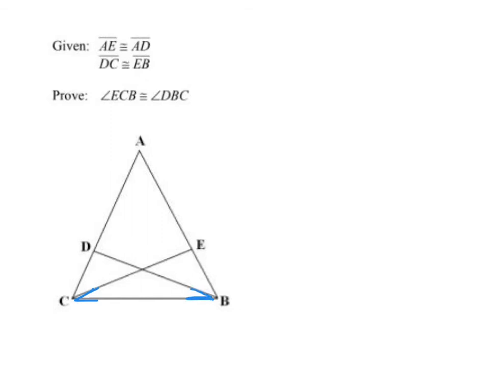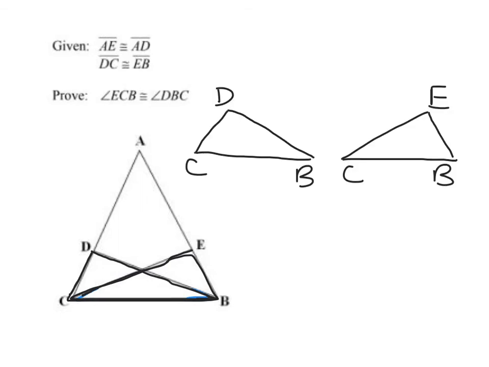So we may want to look for a pair of triangles that actually have those as angles, and so angle ECB is in triangle ECB, and then angle DBC is in triangle DBC. So let's maybe start by trying to get those two triangles congruent, and then if we can, then it would be just a quick CPCTC statement that will allow us to get angles ECB and DBC.